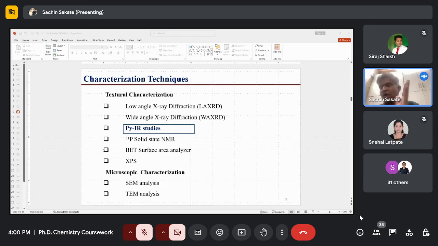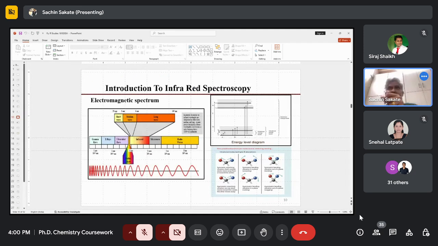Now, as a conclusion of the talk up till now: we have prepared the support, we have the active species, either solid Lewis acids or Bronsted acids, we have the catalyst preparation method using the active species and the support, and the different characterization techniques.